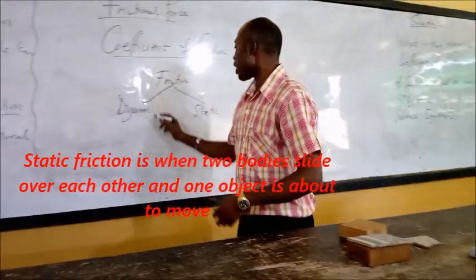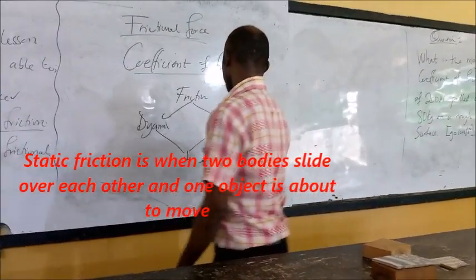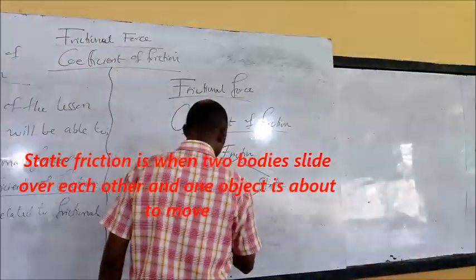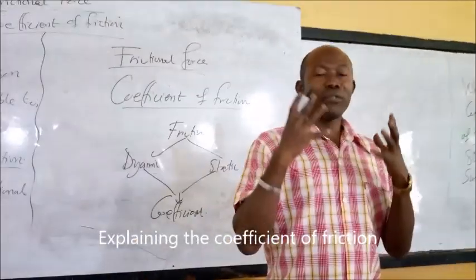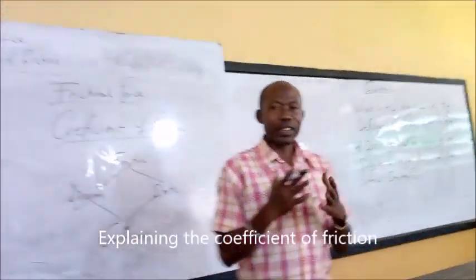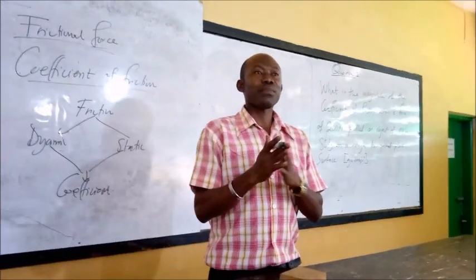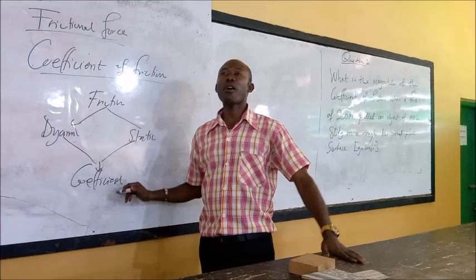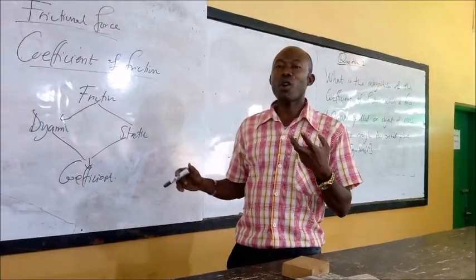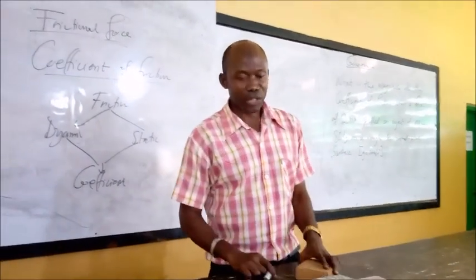When these two surfaces are rubbed against each other, there is what we call the coefficient of friction. The magnitude of this frictional force that exists between these surfaces, we call it what? Coefficient of friction. The measure of the value or the degree of the frictional force.